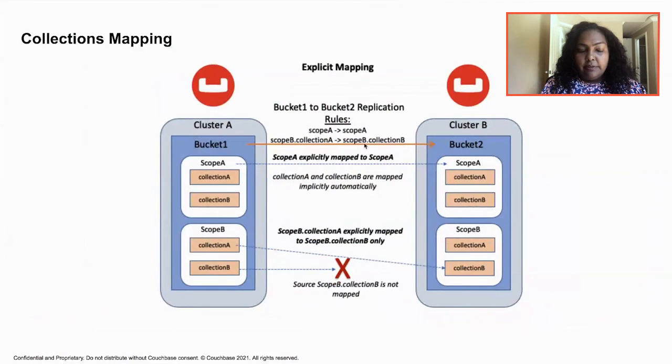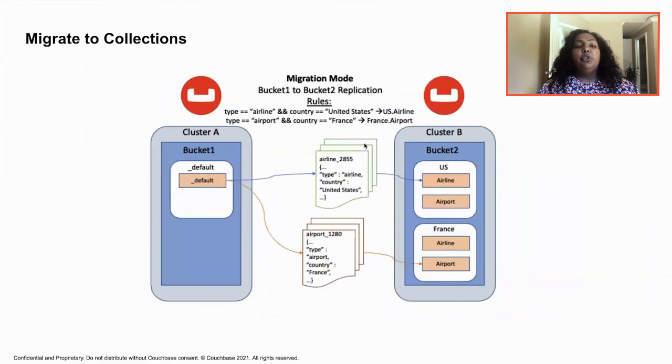And finally, you have the option of using the migration mode. Let's say you are on a pre 7.0 cluster, then your data will automatically be in a default scope and collection.